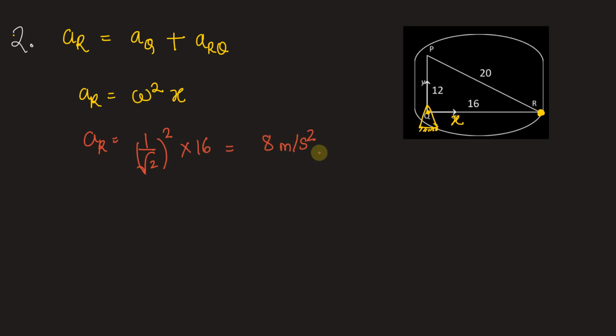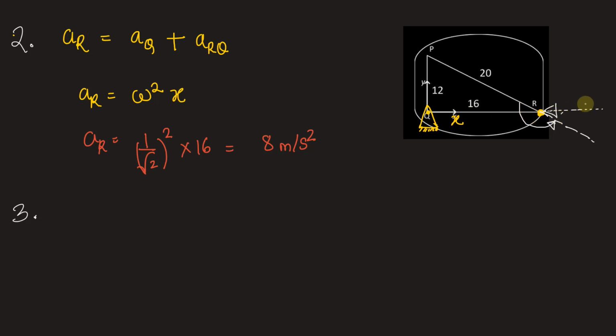Now, we know the magnitude of acceleration at point R. We need to find out the direction. So, third part of the problem, finding out the direction. As the angle of acceleration at R was given with respect to RP, we are also being asked to calculate the angle with respect to RP only. So, acceleration along QR will be nothing but this component because it is also a radial component.